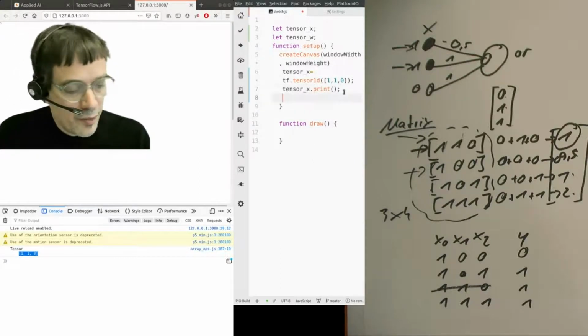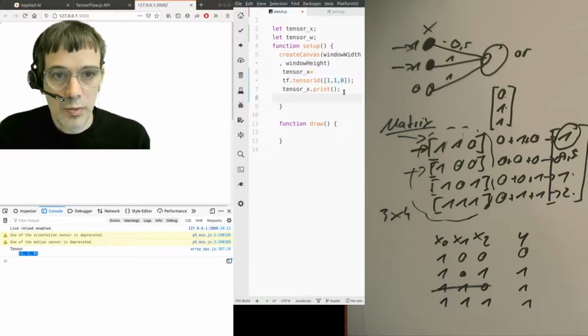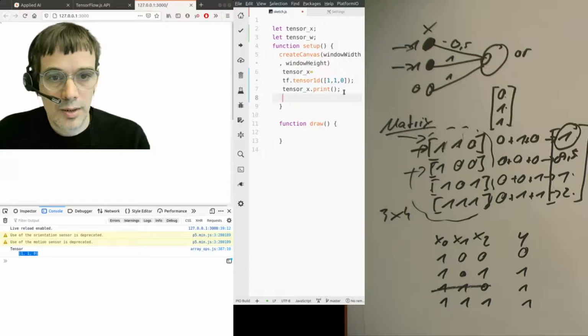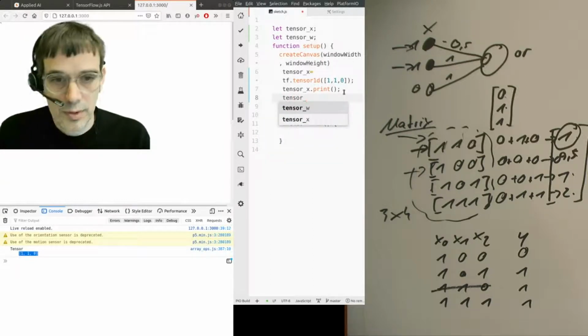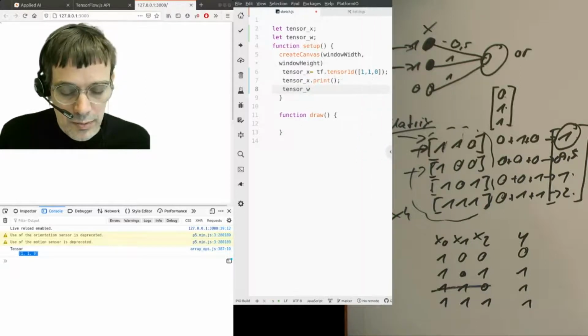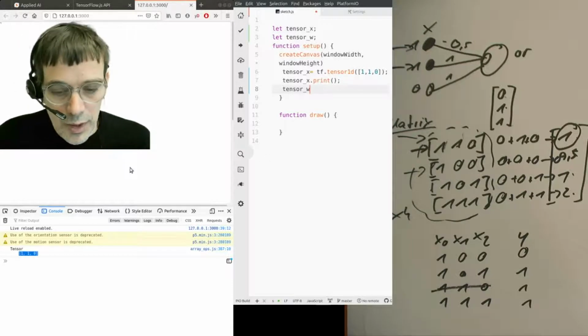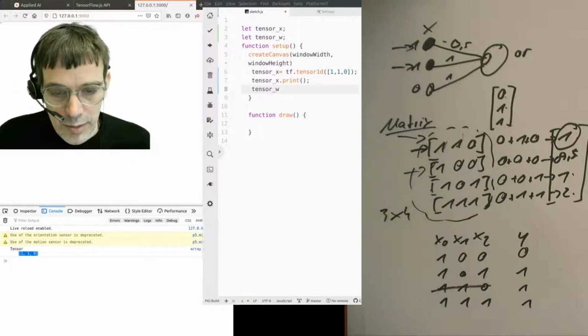And now we define the weight vector for the OR function. So that would be tensor W equals this. I pull that window slightly over here, and we can move that around a bit.